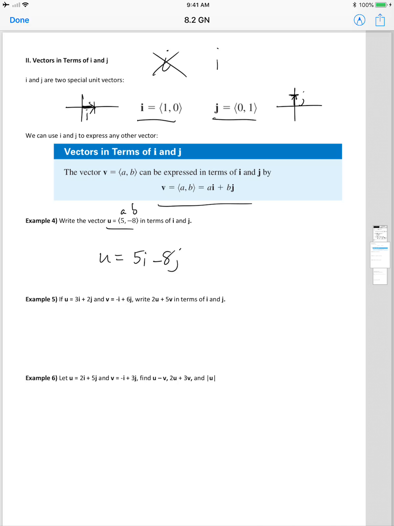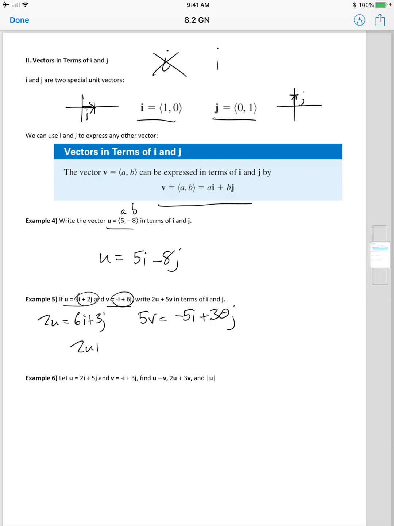So we can perform the same operations with vectors in terms of i and j as we did before. So if I'm adding vectors, so in this case 2u plus 5v, this is u, this is v, 2u is still just going to be 2 times this, 6i plus 3j. 5v is going to be 5 times v, so negative 5i plus 30j.